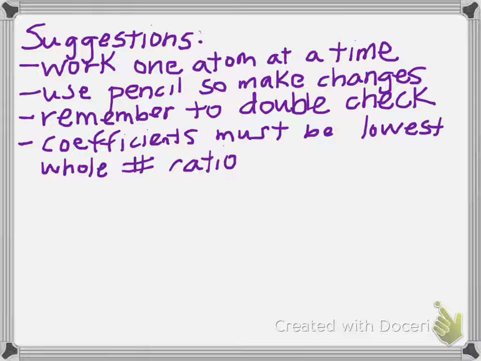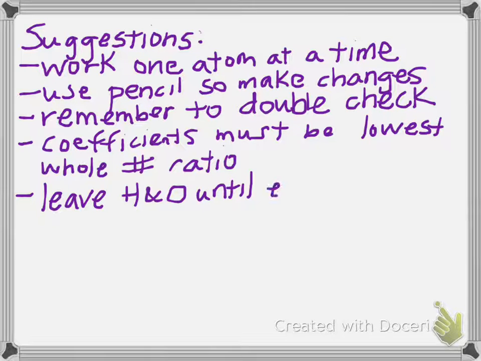The last thing, and this will be particularly important as we get into talking about combustion reactions, is you want to leave hydrogen and oxygen until the end, if possible.